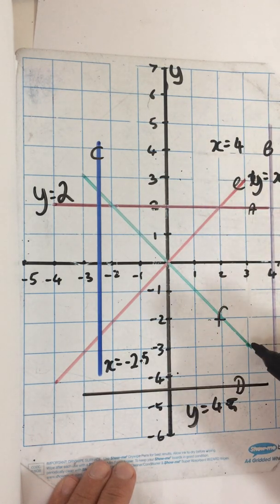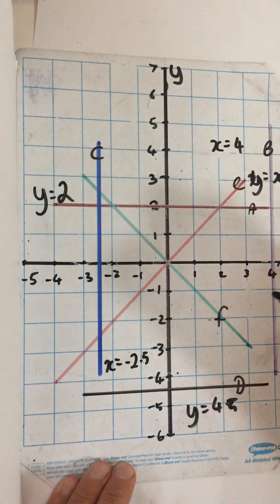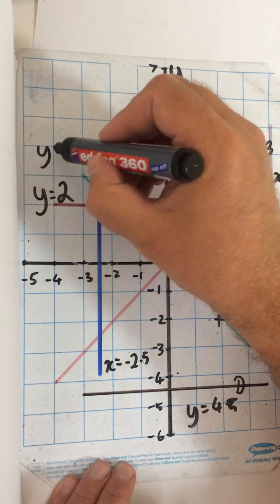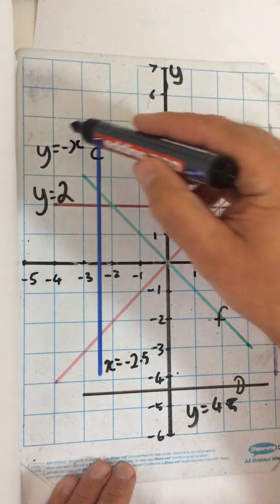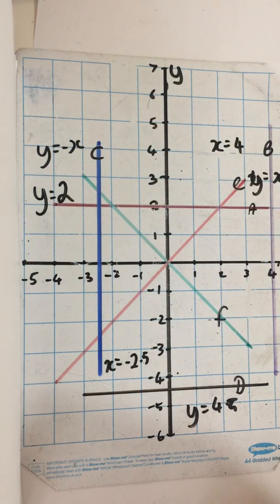Okay, and when we're going on F, in the opposite direction, it would be y is equal to minus x. And we'll come back to these positives and negatives further on in the unit. But it's enough to just remember that for now.